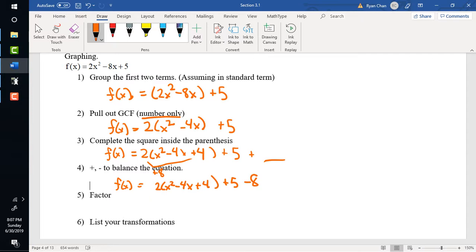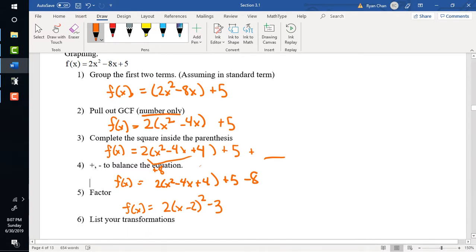Because I'm adding 8 inside, and I'm subtracting 8 outside. And then I'll factor it. Okay. And I have the following.